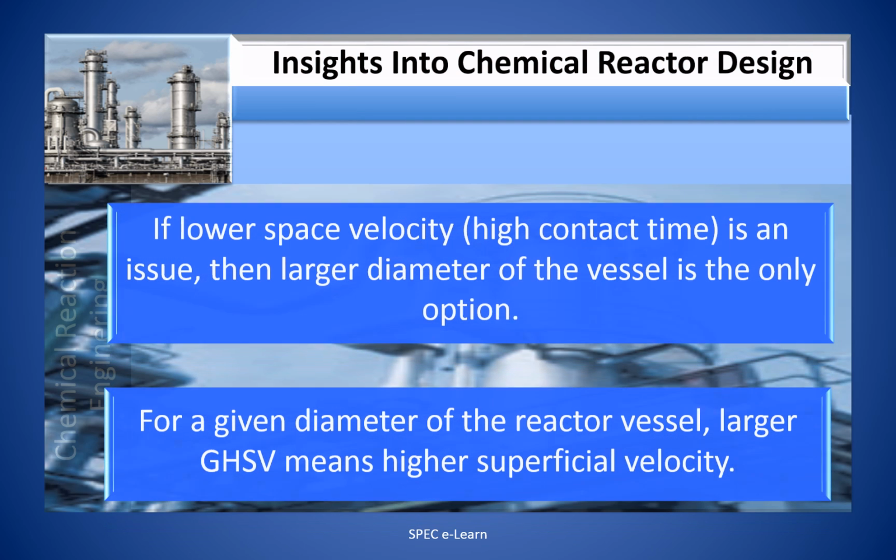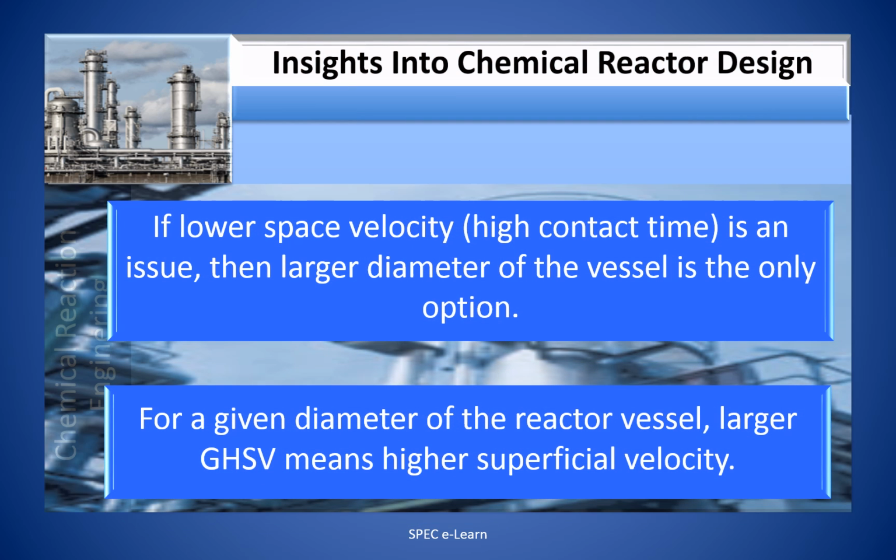If lower space velocity or high contact time is an issue, then larger diameter of the vessel is the only option. For a given diameter of the reactor vessel, larger GHSV means higher superficial velocity.